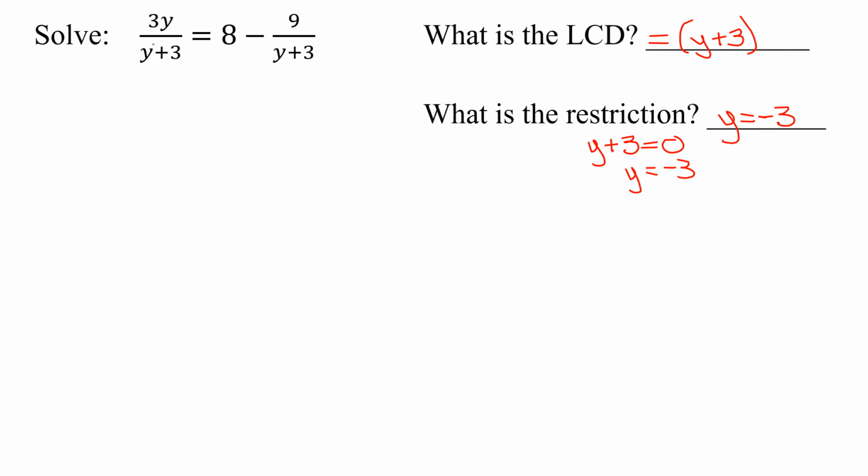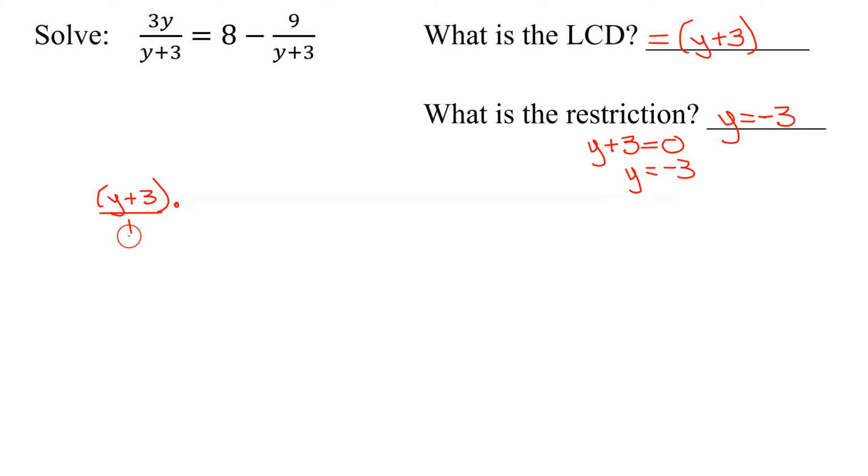So now what I have to do is multiply all three terms in my original equation by the LCD of y+3. And when my term is a fraction, I turn my LCD into a fraction by dividing it by 1.